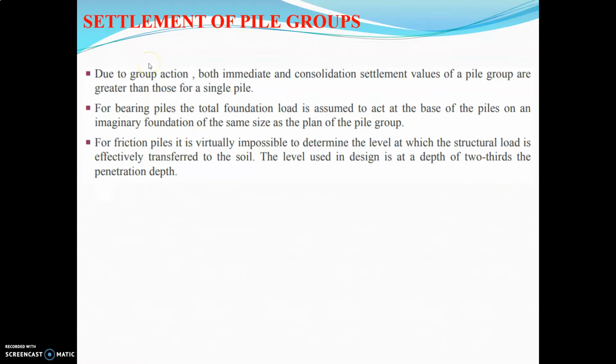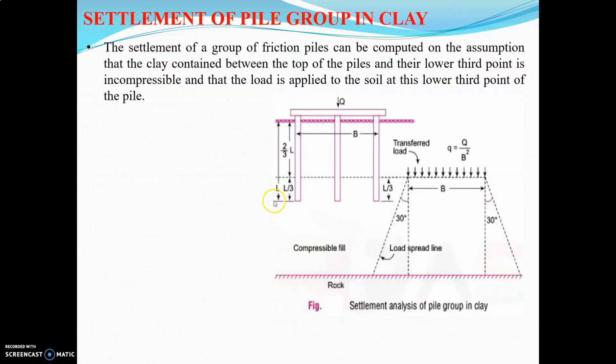For bearing piles, the total foundation load is assumed to act at the base of the piles on an imaginary foundation of the same size as the plan of the pile group. For friction piles, it is virtually impossible to determine the level at which the structural load is effectively transferred to the soil. The level used in design is at a depth of 2/3 the penetration depth.